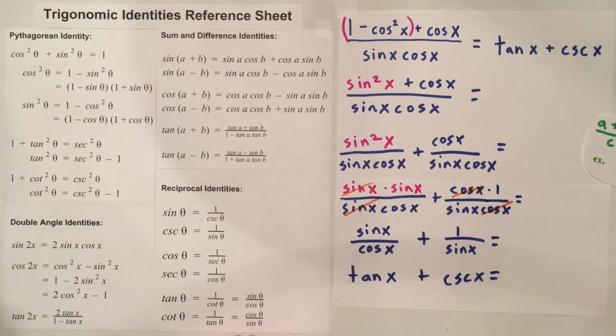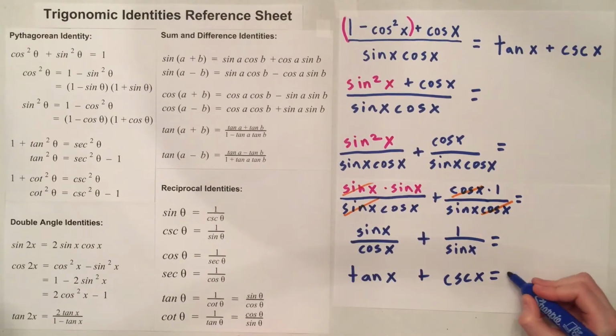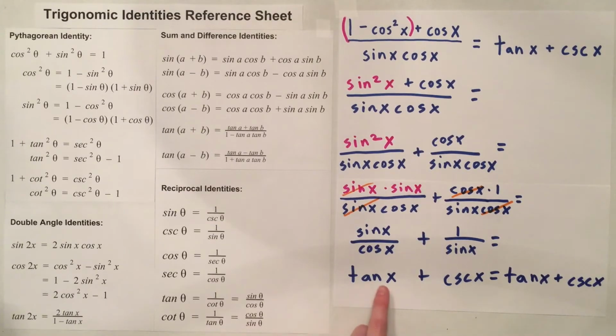Now we can bring down the right side of our equation, which is tan x plus cosecant x. And we have finished our proof because the left side is equal to the right side. So we are all done solving this trigonometric proof problem.